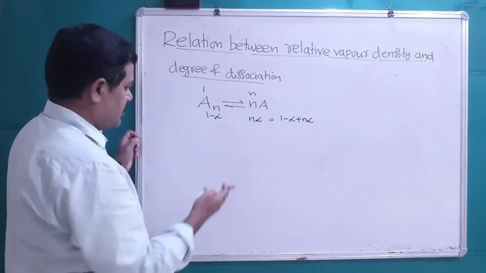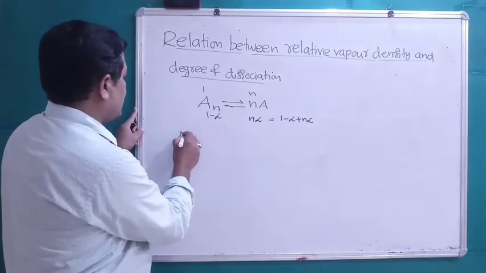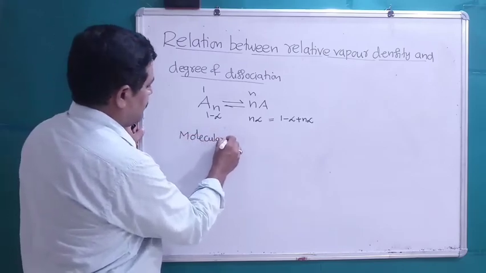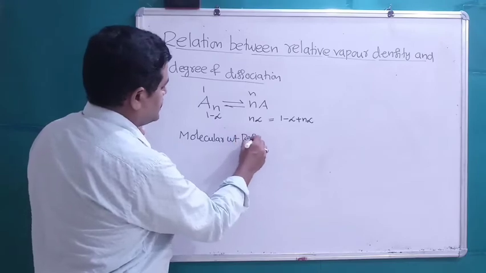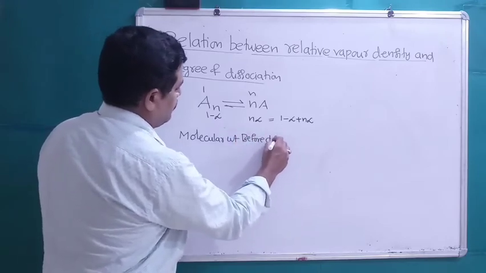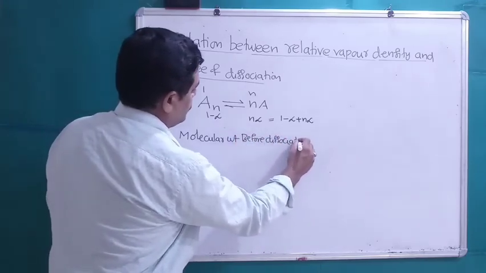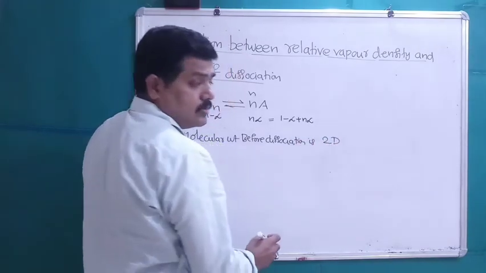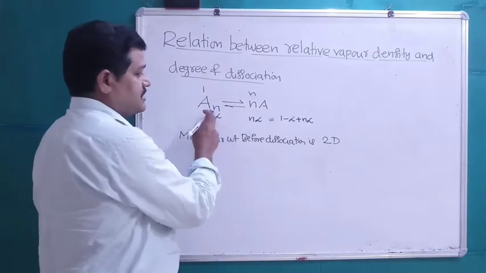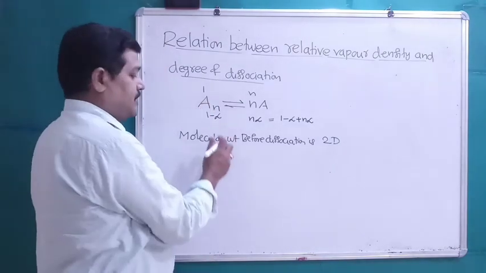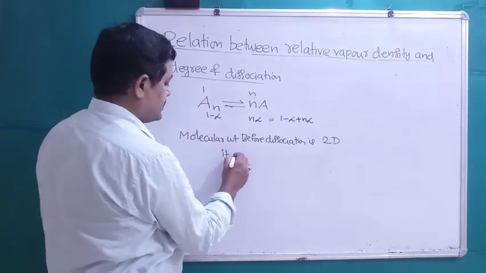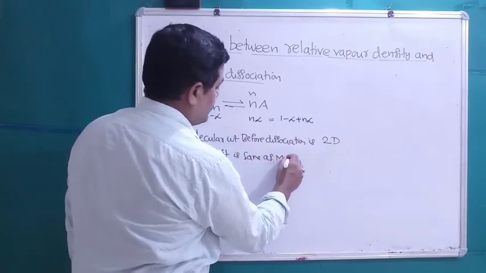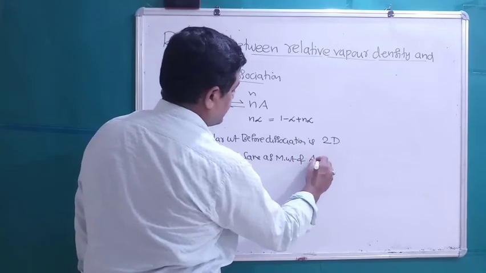Students, we know the molecular weight before dissociation is 2D, 2 into capital D. That is the same as the molecular weight of AN.